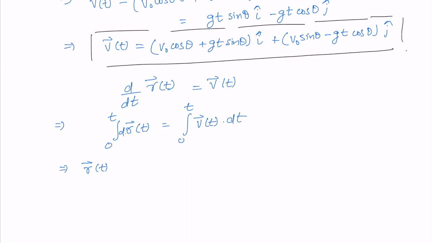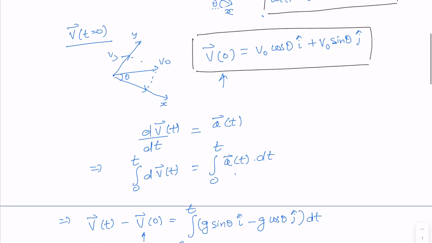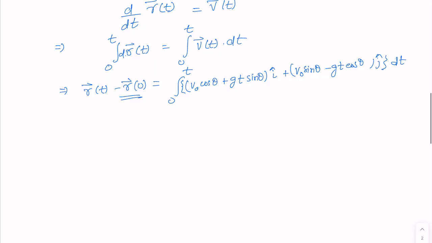So r(t) minus r0 is the integration of (v naught cos theta plus gt sine theta) i plus (v naught sine theta minus gt cos theta) j dt. R0 is the zero vector, as we can see clearly that the object was launched from the origin. So the position vector at time 0 is the zero vector. So the left hand side is nothing but the position vector at time t.